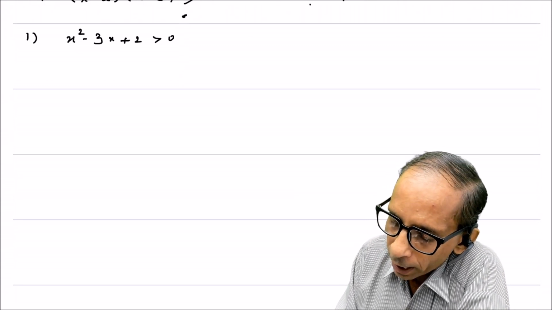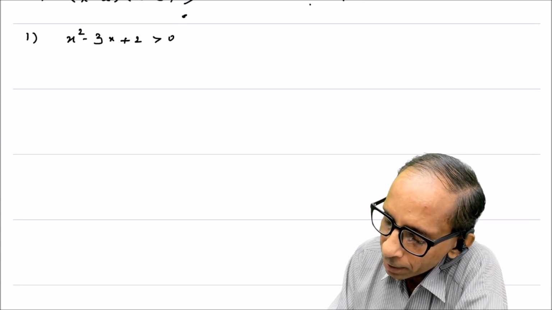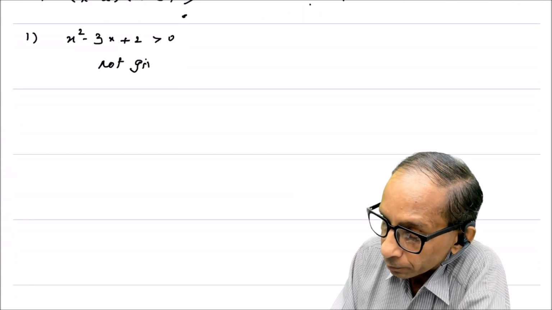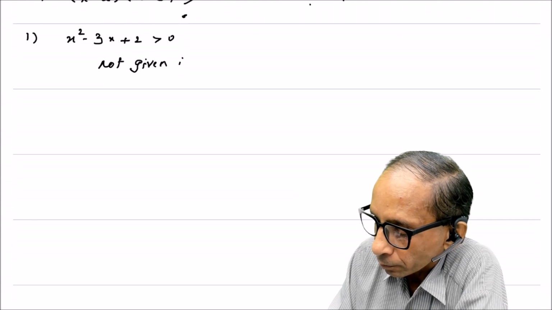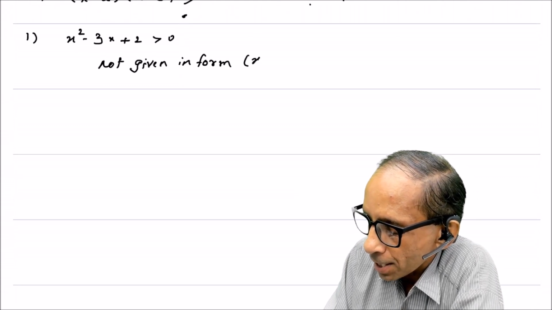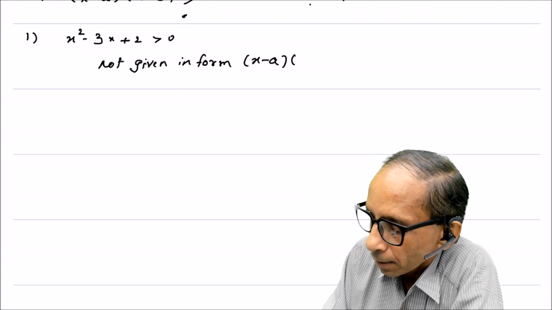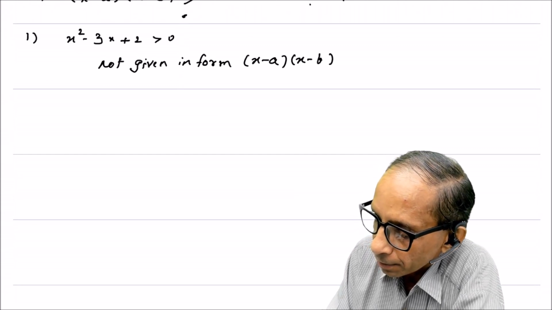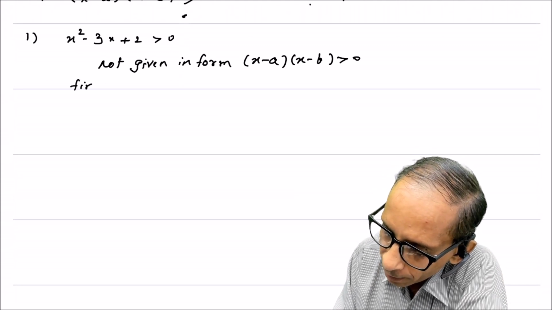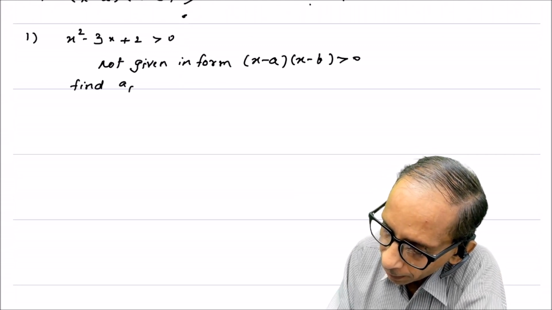We are given a quadratic, but we are not given in the form x minus a, x minus b. So what we do is find a and b first.